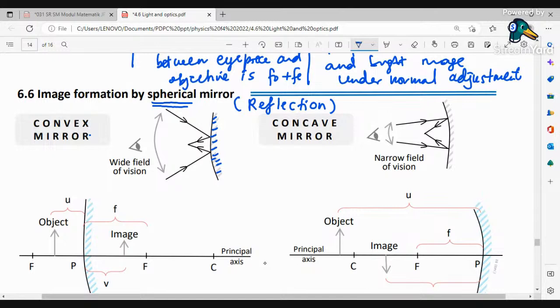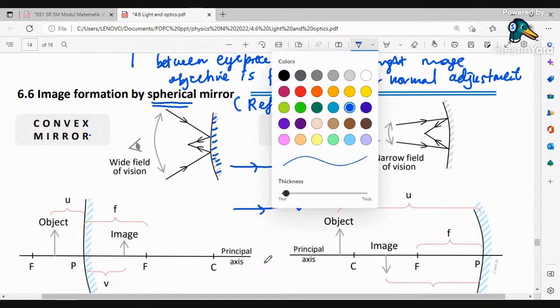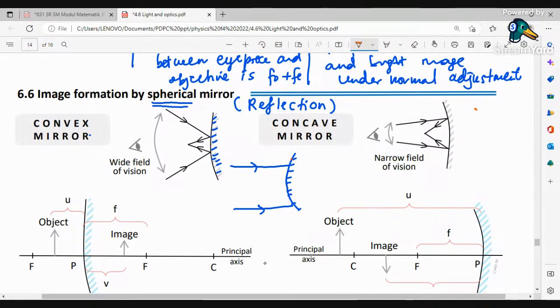Okay, macam ni kalau diverging, so let's say kita ada light coming like this. Okay, we draw tangent, draw normal line. Okay, so apa berlaku? Angle i reflect same angle.